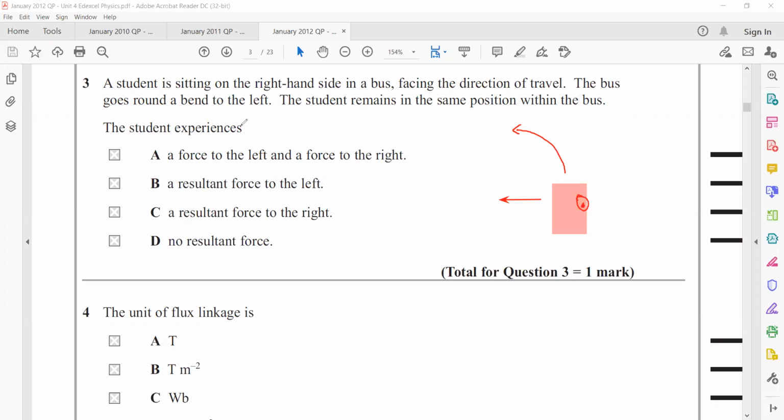So what will be the answer? Student experiences a force to the left and a force to the right. That's wrong. The resultant force is to the left. That's why the student as well as the bus is able to take a circular path. Is it clear? Yes, sir.